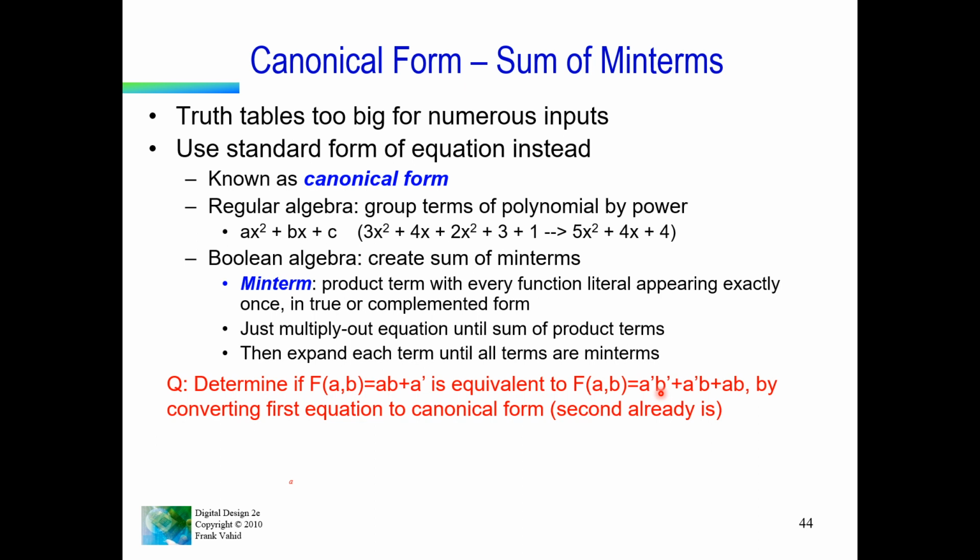It doesn't differ, but there must be at least one literal corresponding to a and b. So this obeys that canonical representation, but this doesn't obey. So we have to change that so that it becomes very similar to that representation, and then we can check whether they are equal or not. If they are equal, this means that both expressions are equivalent.